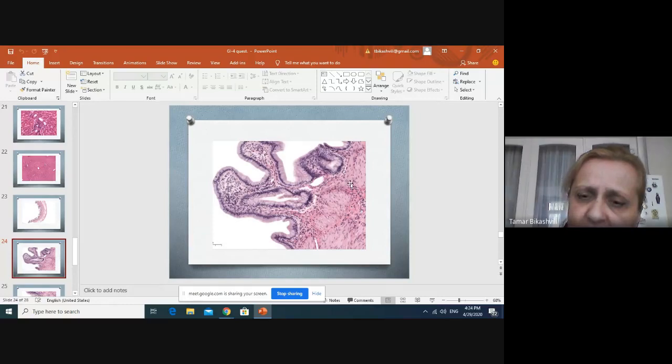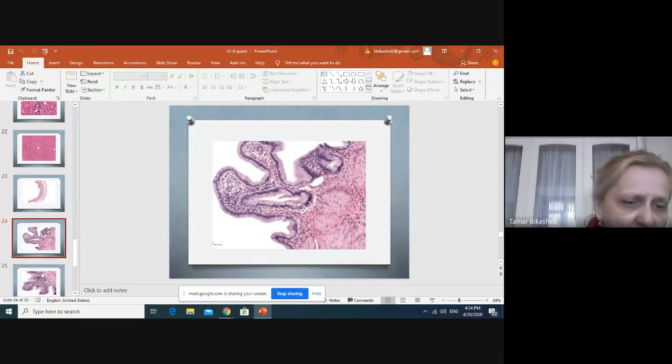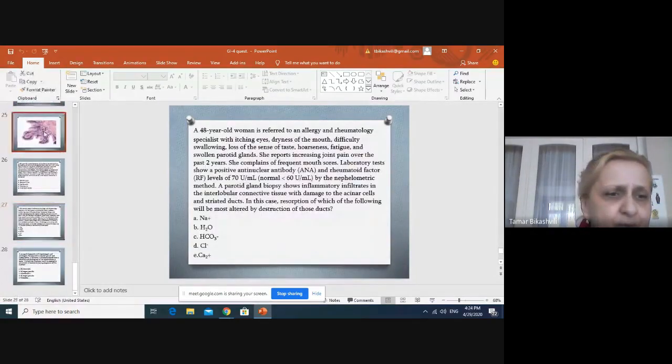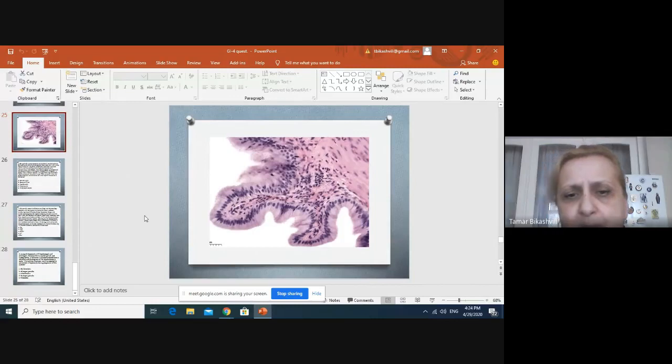And here you can see bands of smooth muscle fibers. Then this is epithelium, again the epithelial lining of the mucosa of gallbladder. Folds. Do you think this gallbladder is empty or filled? Of course it's empty, because all these folds are present when the gallbladder is empty.